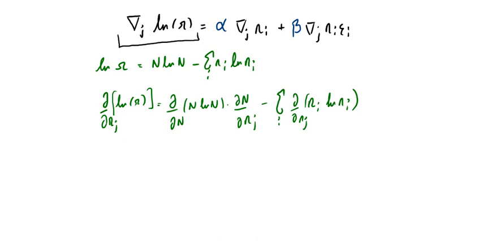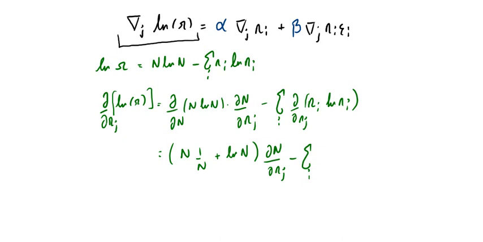This is just a two-step process. The first thing that happens here is this becomes n times 1 over n using the product rule, so this is ln n times delta n over delta n_j, minus the summation over i. A partial derivative is basically taking a derivative with respect to some particular variable.